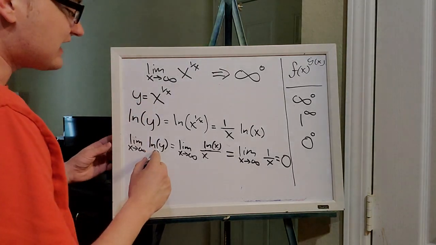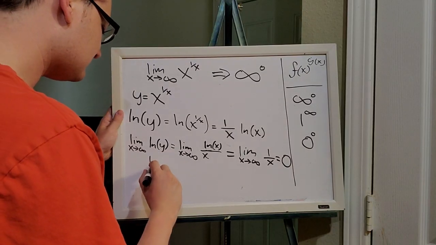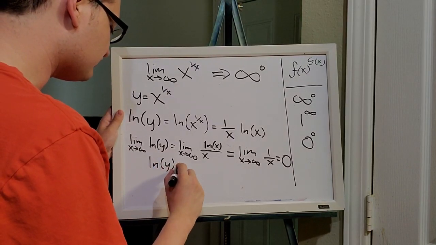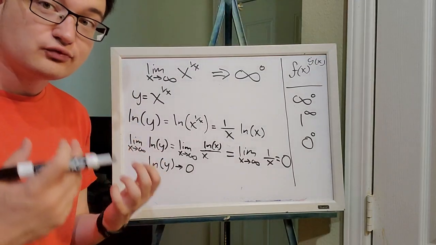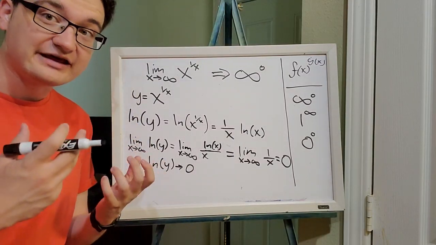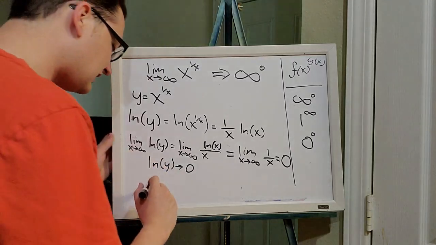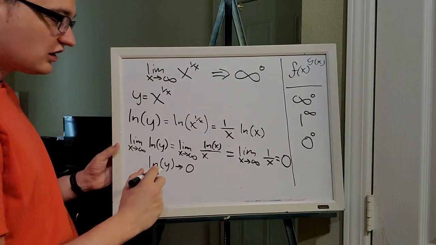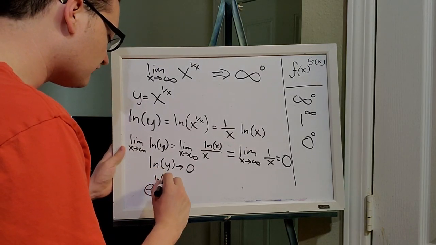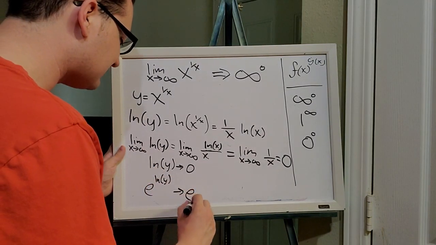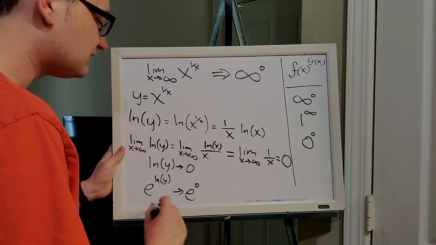So, if natural log of y goes to 0, how do we undo natural logs? We raise them as powers of e. If the natural log of y goes to 0, e to the natural log of y is going to go to e to the 0.